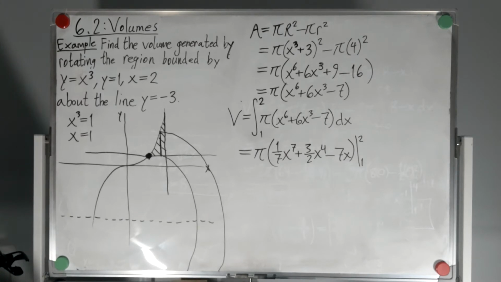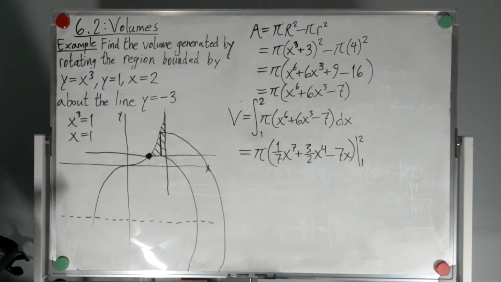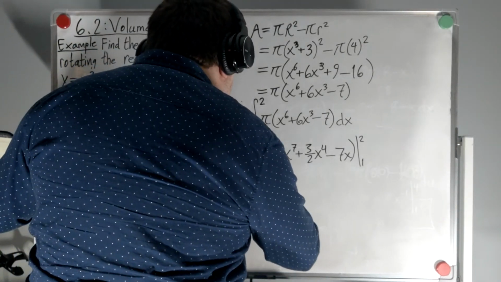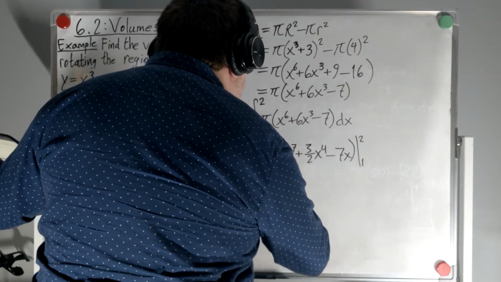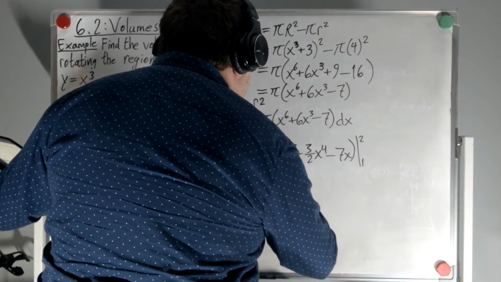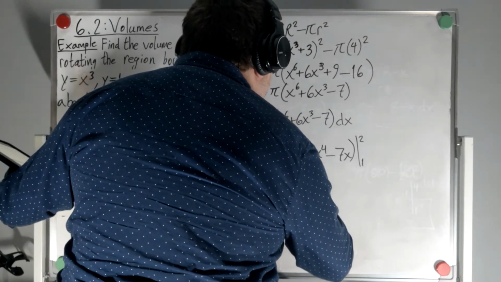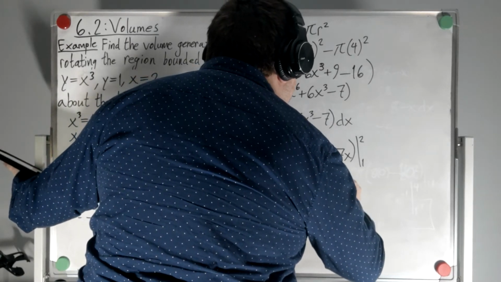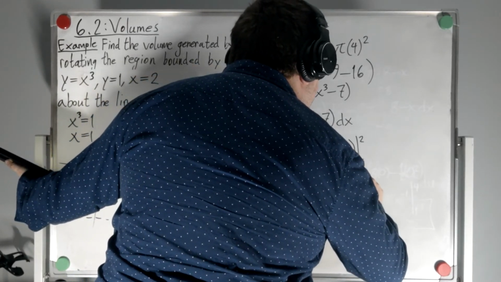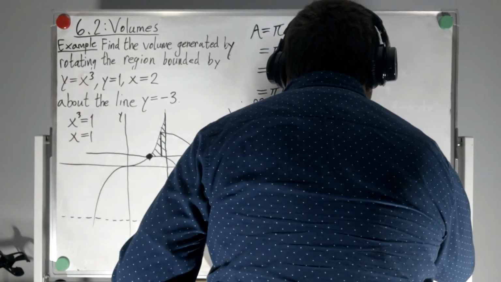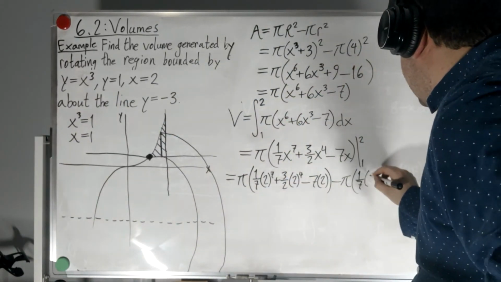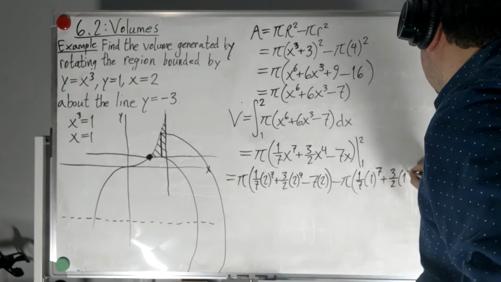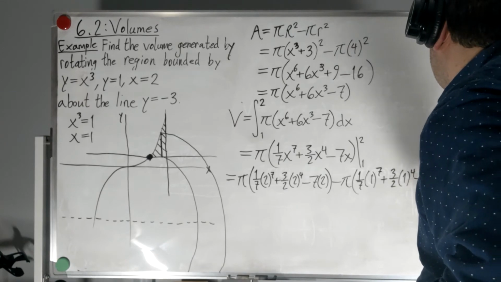Well, literally, that means pi times 1/7 of 2 to the 7th plus 3/2 2 to the 4th minus 7 times 2, minus pi times 1/7 of 1 to the 7th plus 3/2 1 to the 4th minus 7 times 1.